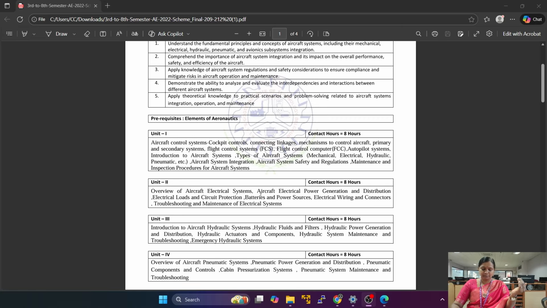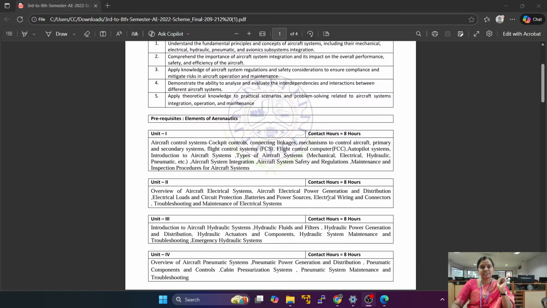So here we deal with the aircraft electrical systems, how the power is generated so that the aircraft has a possibility of takeoff with the auxiliary power, and then the engine power supports the aircraft takeoff, lift, flight, and then the descent or landing of the aircraft.